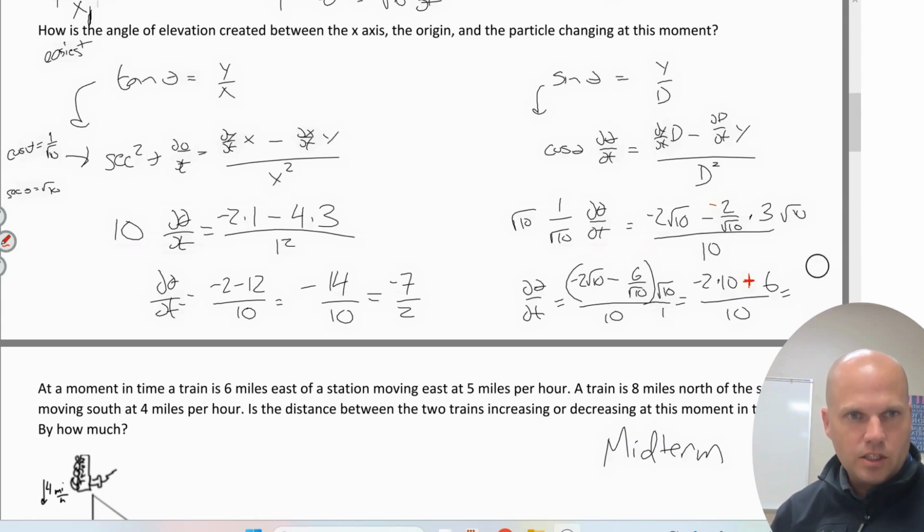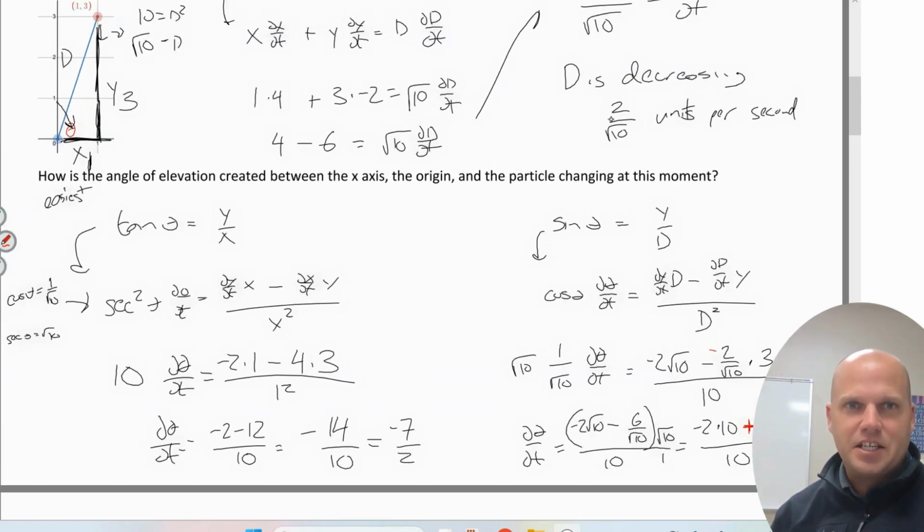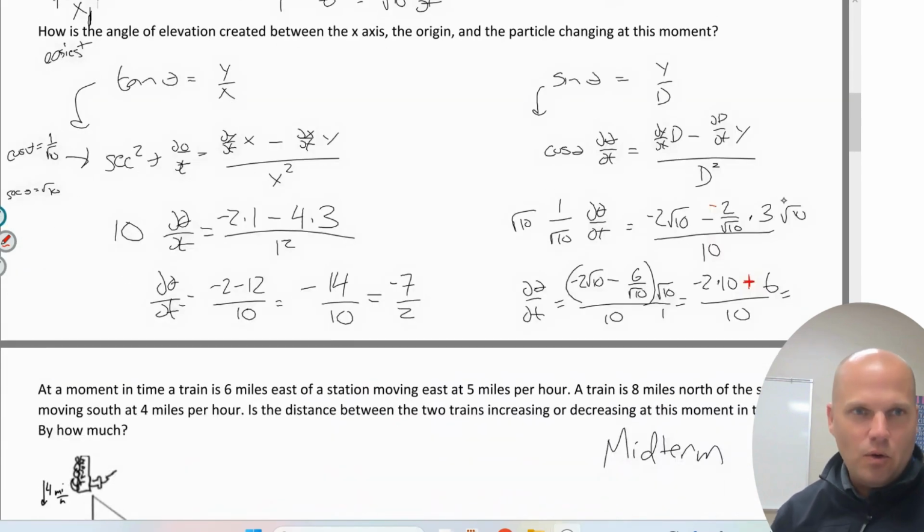If you're confident in what you're doing and you're doing everything correctly, it should be the same answer. I said d is decreasing by 2 root 10s, but that means dd dt is -2 root 10. So that becomes a negative, that becomes a plus, that becomes -20 plus 6, which is -14 tenths. That doesn't work either. Oh, no, that's right. It's just this is wrong. Gross. Divide by 2. It's -7/5.